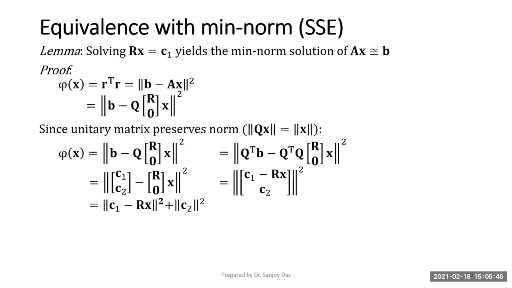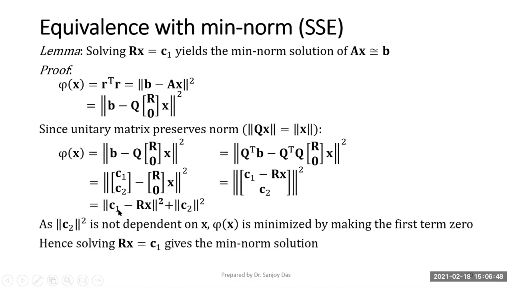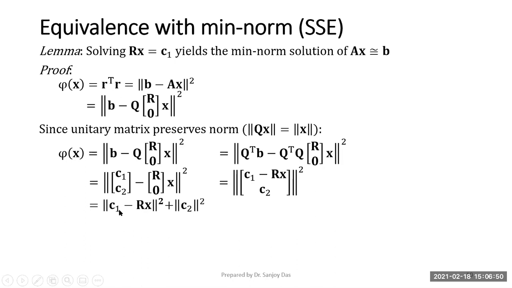Okay, now how do I minimize? And with respect to what do I minimize? With respect to X, correct? Everything else is fixed. So when I minimize, you see, I have a sum of two squares, right? So what's the minimum possible value I can get?